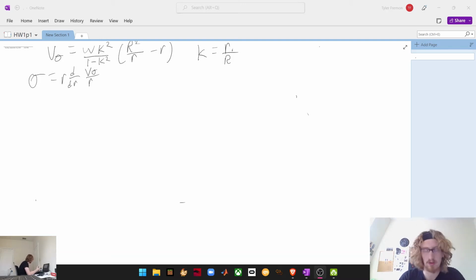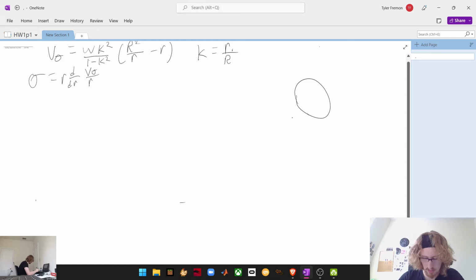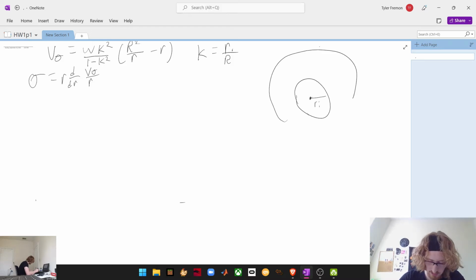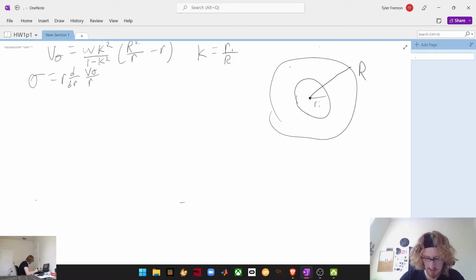So in this video, we're going to be looking at a scenario where we have two concentric cylinders, one with the inner radius Ri, and then one with the outer radius, big R, and then there's some fluid in between here.